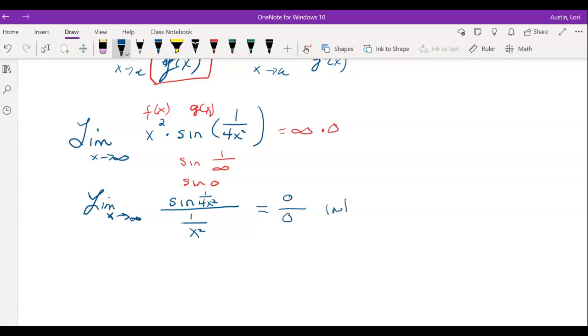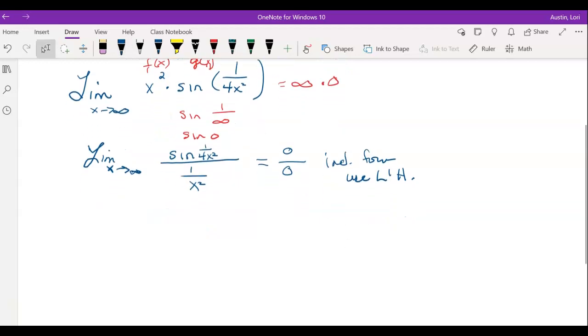All right, now I have an indeterminate form, but now I can use L'Hopital's rule because I have a function over a function. So sometimes when you look at a problem, you just need to work a little algebra in that problem to get it in the form to use L'Hopital's rule. That's all we did there. So let's do it. I'm going to apply L'Hopital's rule here.